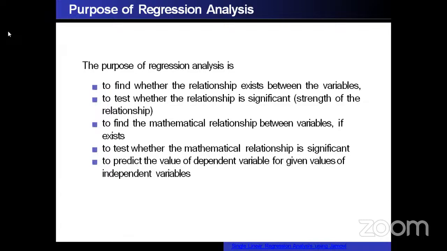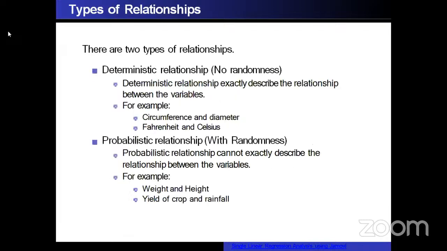Next, to test whether the relationship is significant, to find the mathematical relationship between the variables if it exists, to test whether the mathematical relationship is significant, and to predict the value of a dependent variable for given values of independent variables. The types of relationship are deterministic relationship and probabilistic relationship, that is, without randomness and with randomness.